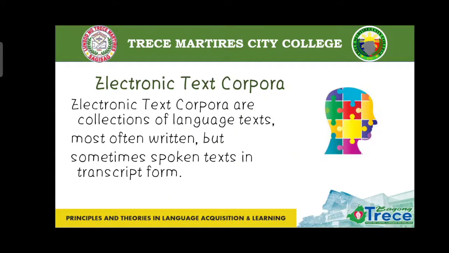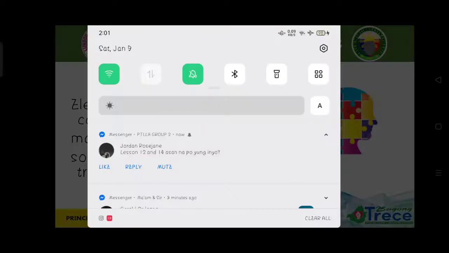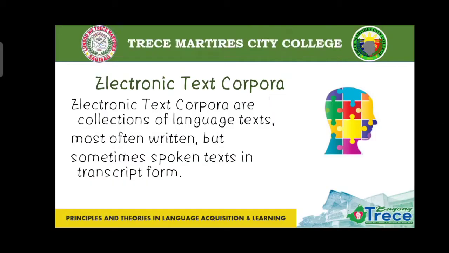Next is electronic text corpora. Electronic text corpora are collections of language texts, most often written, but sometimes spoken, in transcript form. The texts have been digitized and are therefore computer searchable.